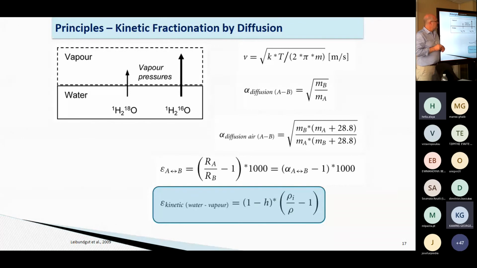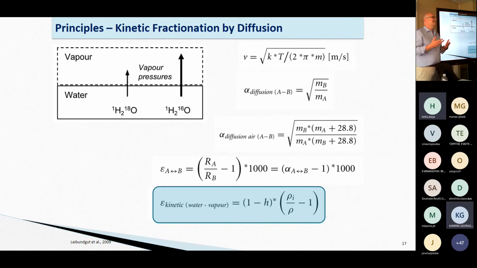The second equation is much more interesting. This is the fractionation that you expect when you have diffusion of molecules through a real atmosphere. And I took our dry atmosphere here, which is 72% nitrogen and 28% oxygen. So if we now look at two molecules of water, hydrogen, oxygen, the fractionation that we expect is in proportion to the square root of mB multiplied with (mA plus 28.8).